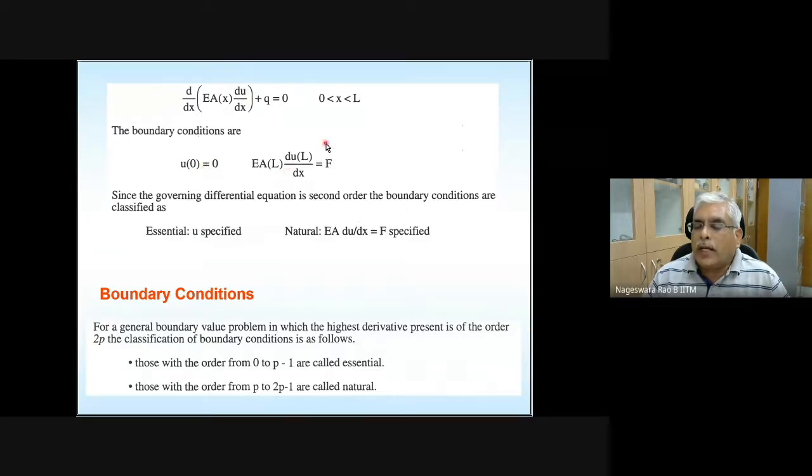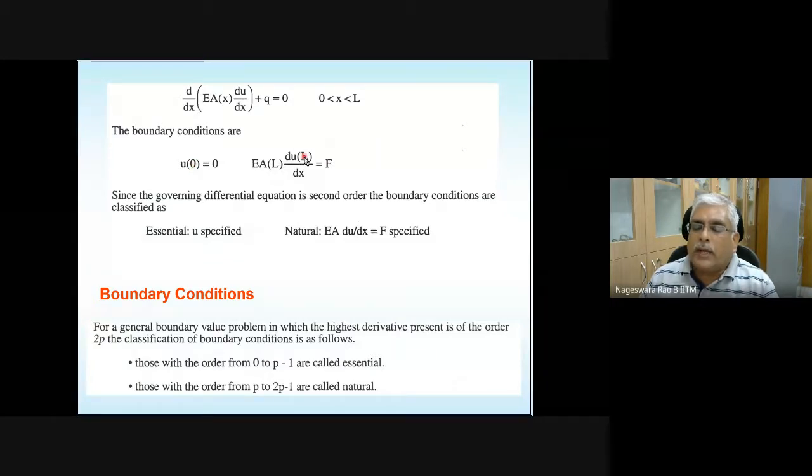First order boundary condition is called natural boundary condition. Or this 0th order boundary condition is also called Neumann boundary condition, and this first order boundary condition is called Dirichlet boundary condition. We'll see that once again later.